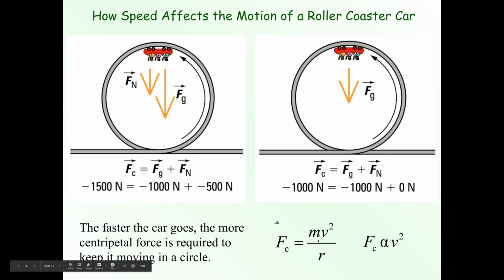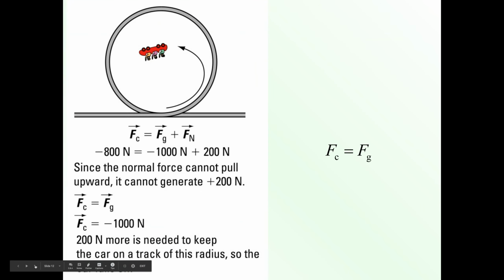Okay, so when we came up with the formula, force is dependent on your velocity. So the faster you go, the more force pulling you down. If you aren't going fast enough, that's when bad things can happen. If it goes around the track even more slowly, your FC has to at least equal your FG, or else it's not going to go fast enough to go around the circle.